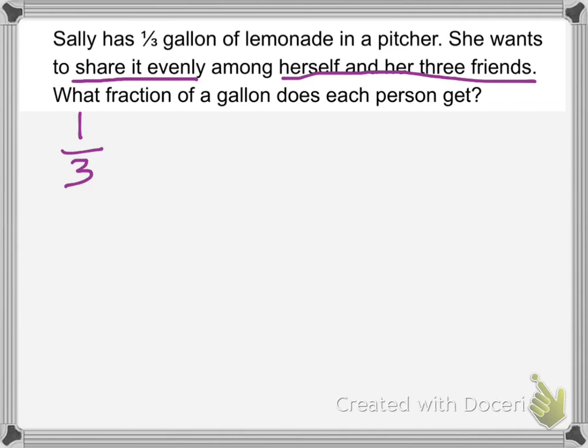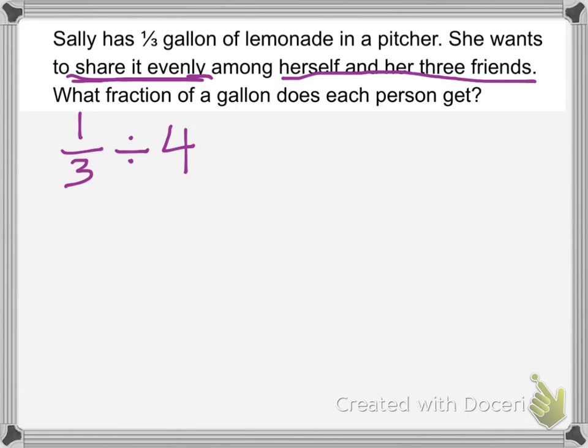And I know from my lessons in class that share it evenly is a good key phrase for division. So she's taking her 1/3 gallon and she's sharing it evenly, splitting it up into herself and 3 friends, so 4 groups. So here's what my expression looks like for this problem.